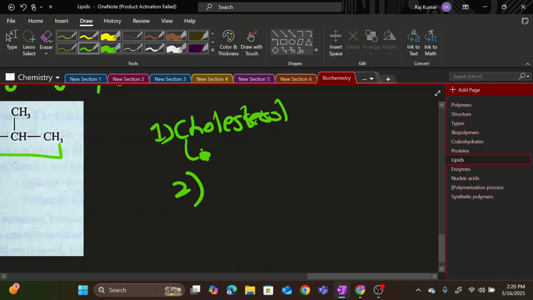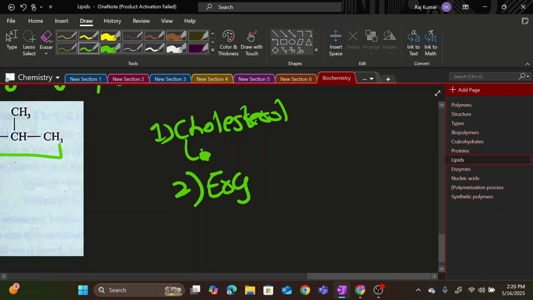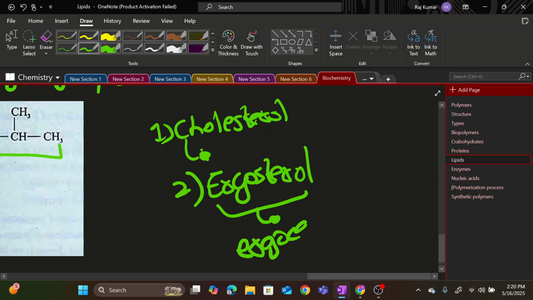Another very important thing is ergosterol. Ergosterol is found in fungi like ergot fungi and yeast, and when it is treated with ultraviolet radiation, it is converted into vitamin D2, also known as ergocalciferol.